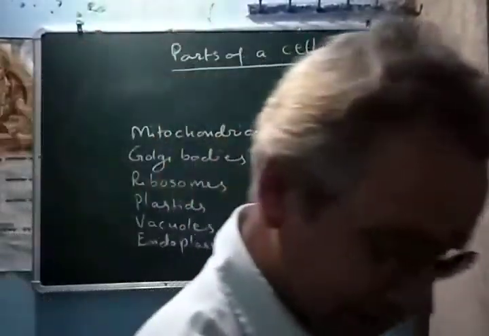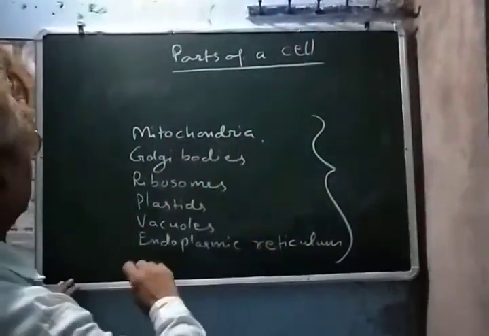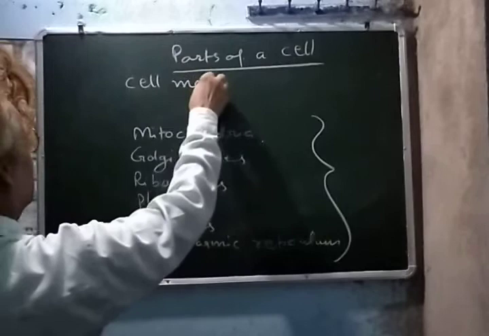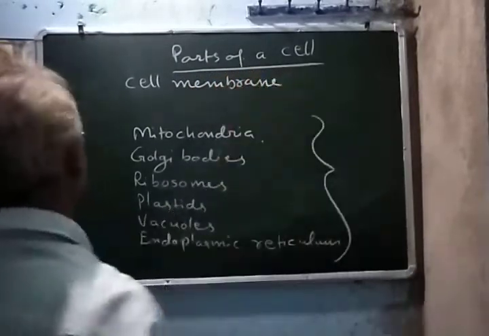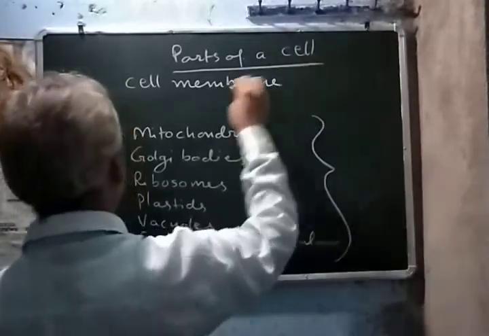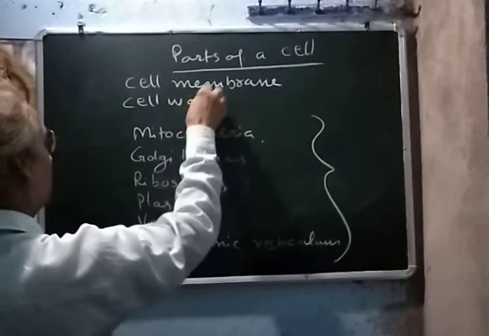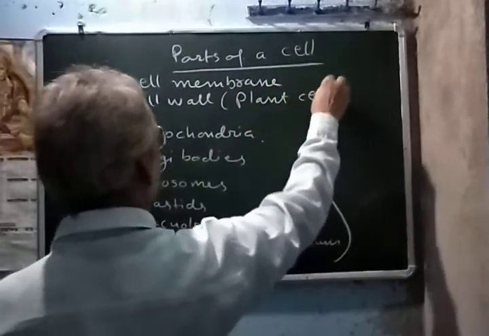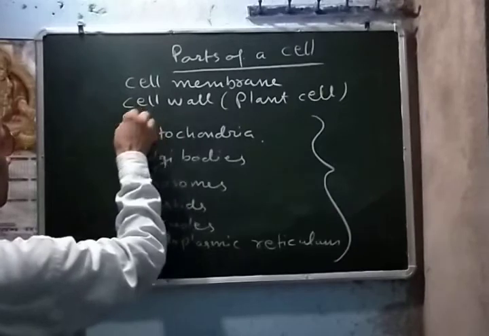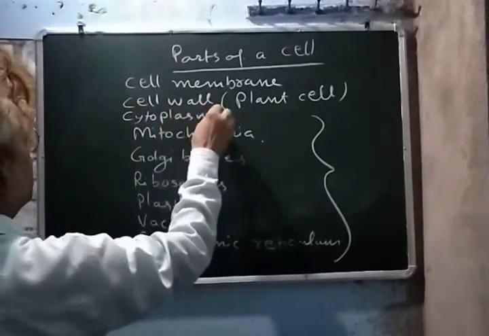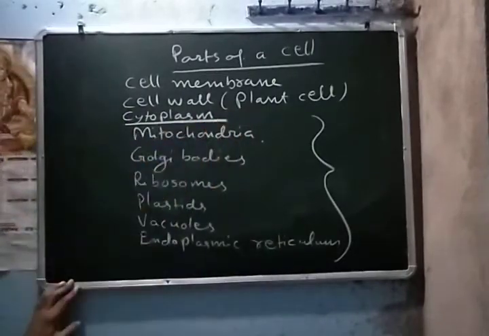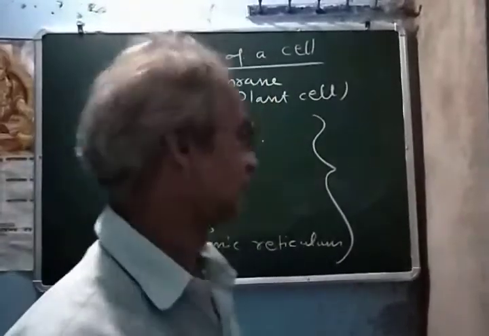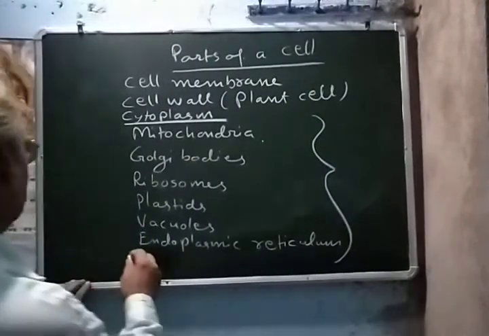So these parts are called cell organelles. In addition to cell membrane, cell wall in plant cell, cytoplasm, and in the cytoplasm there are different types of cell organelles, and nucleus.